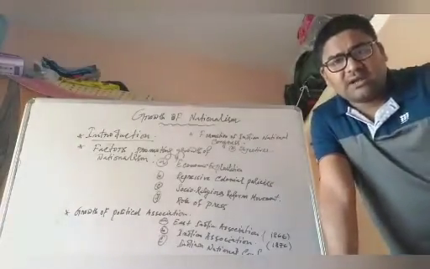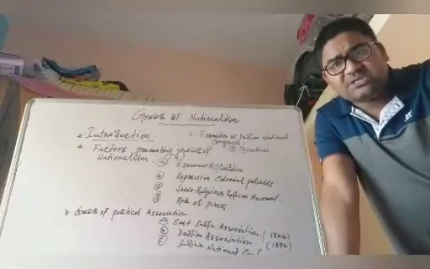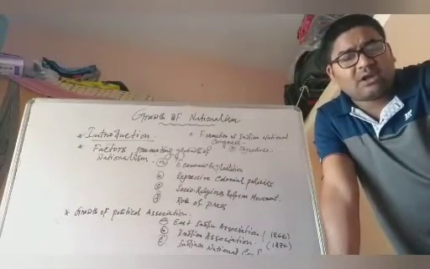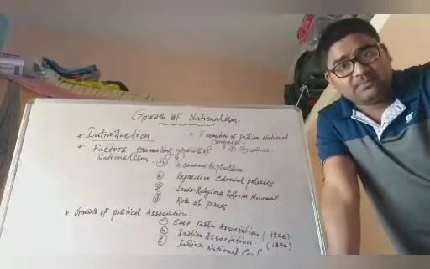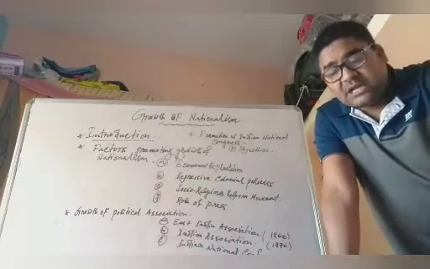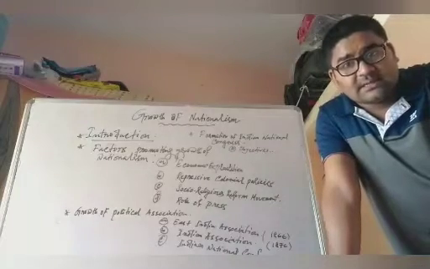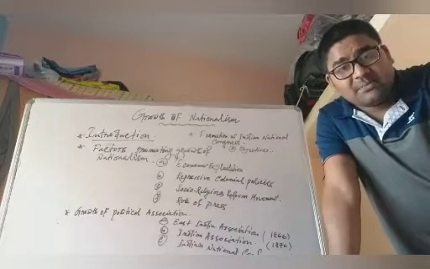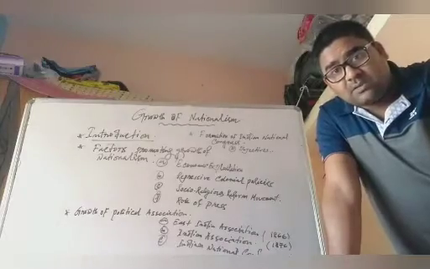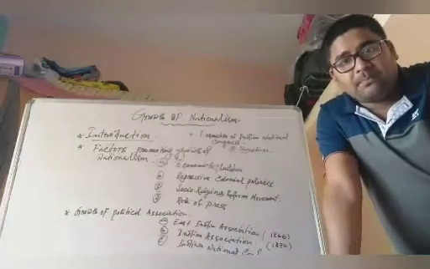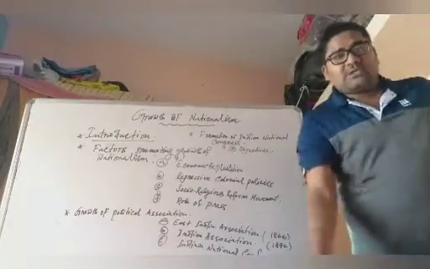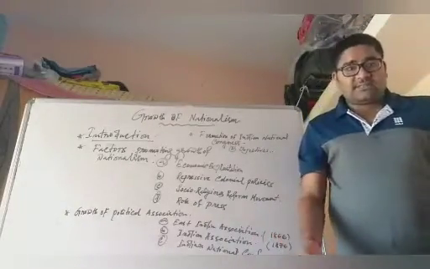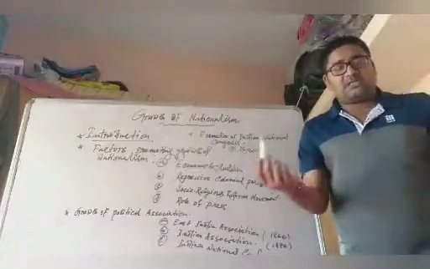Dadabhai Naoroji believed that the Britishers were basically just and good, and he felt that if he presented India's problems before the British citizens and the members of parliament, maybe they would resolve India's problems. The association had many branches, in Mumbai, Kolkata, as well as Chennai.